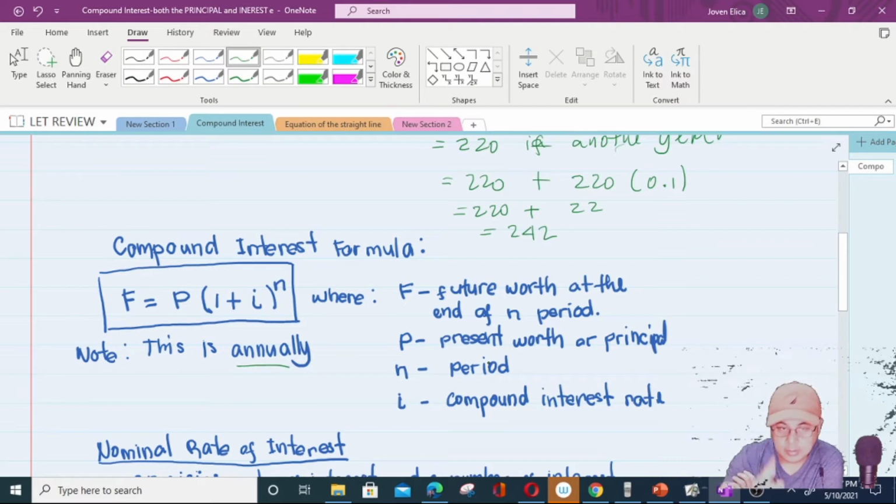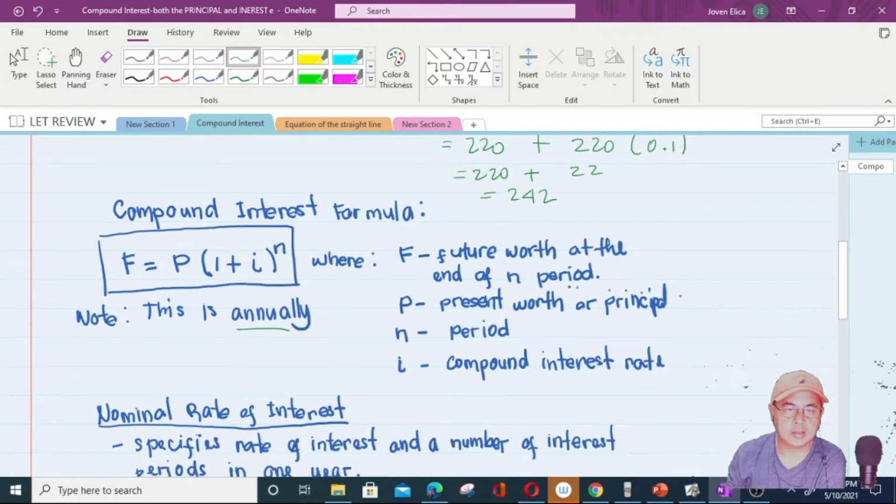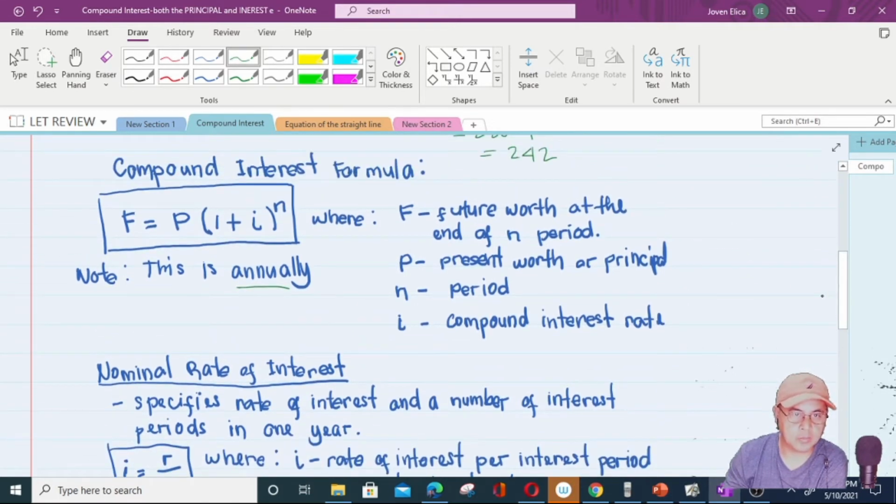Now, if the payment will be done not annually but the payment is staggered within a duration of 1 year, this formula will change.